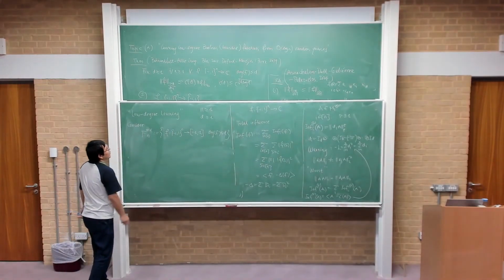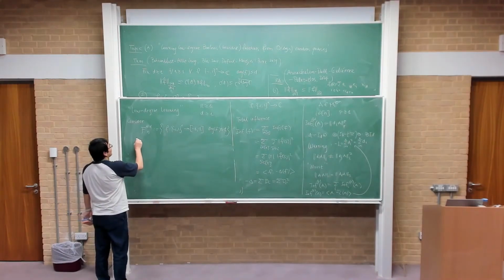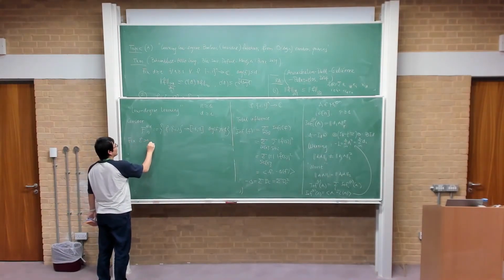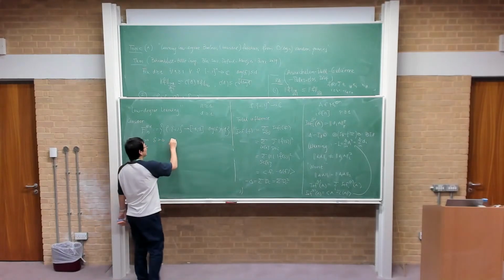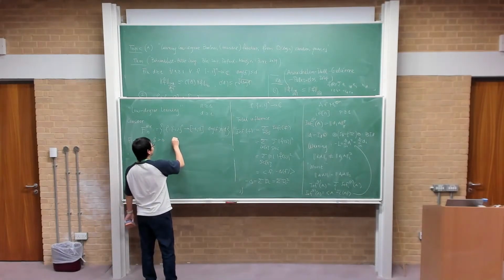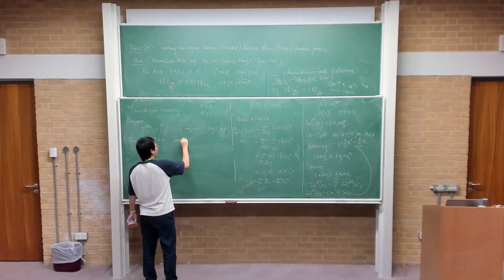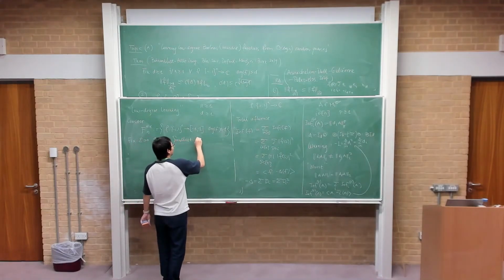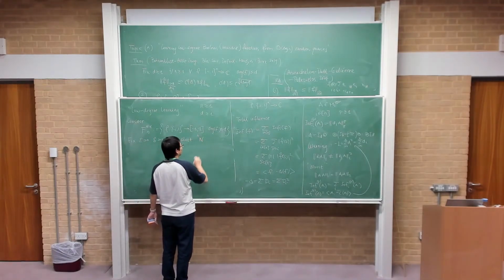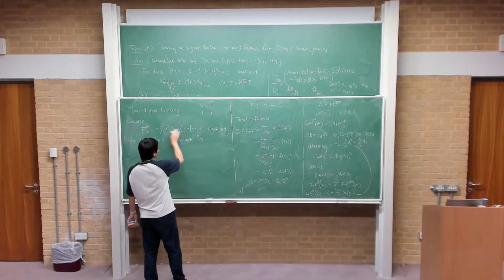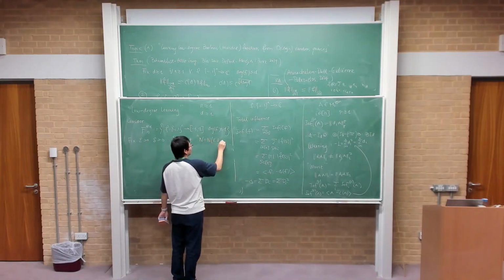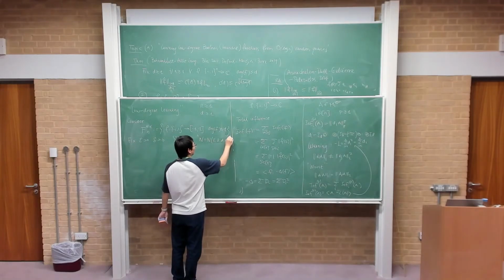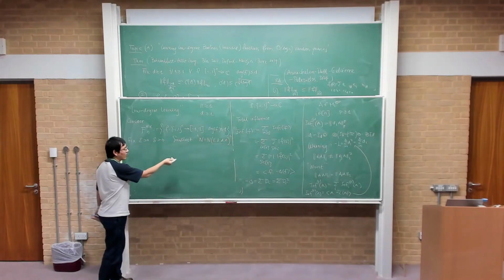What does this mean? It means that I fix epsilon and delta very small. I consider the smallest capital N here. This N will depend on all these parameters, epsilon, delta, B, and n. This is my sample complexity.